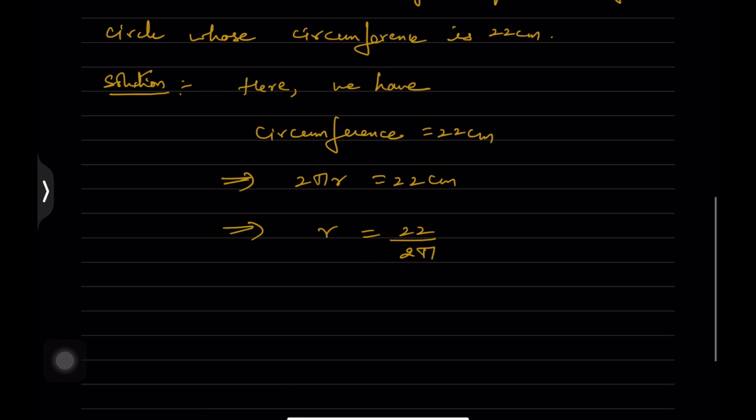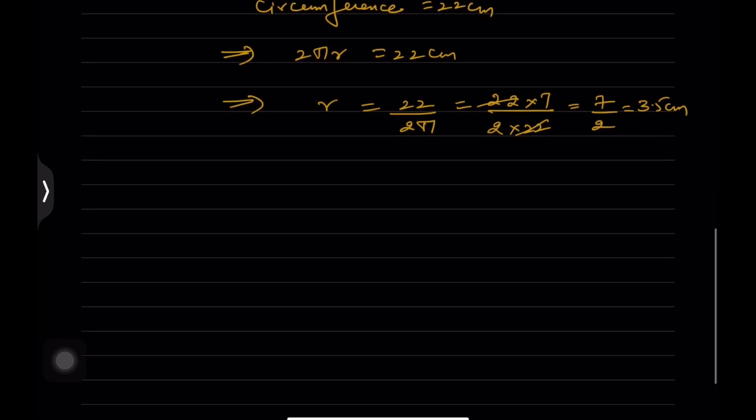2 pi, which is equal to 22 into, here you are having 2 into 22 by 7 will go top. So now this will get cancelled. So it is equal to 7 by 2, which is equal to 3.5 centimeters.